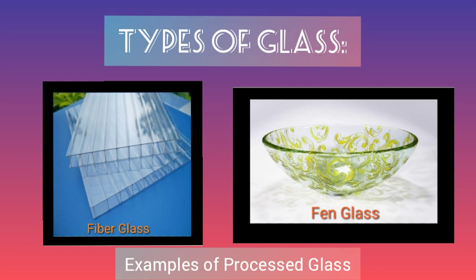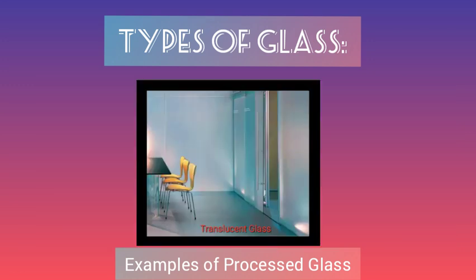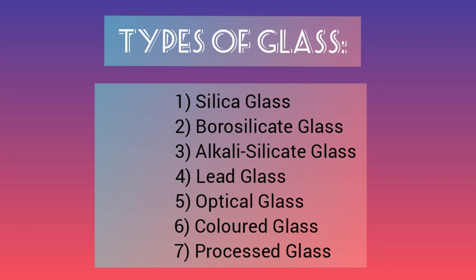As you can see in the figures, a bowl was made from foam glass, then translucent glass, etc. These were all the types of glasses and their uses.